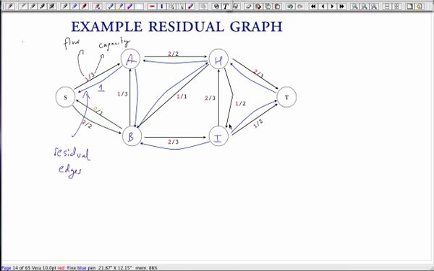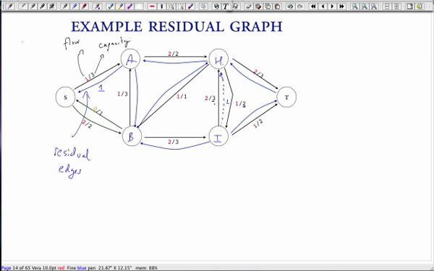Take, for example, this situation in which the original graph already has two edges between H and I, one from H to I and one from I to H. There's an error in this graph, so let's go through the analysis here. This is a good example. The original graph has two edges, and the original capacities are 3 here and 2 here. Since we are pushing one unit of flow from H to I, we need to create a residual edge from I to H with capacity 1.